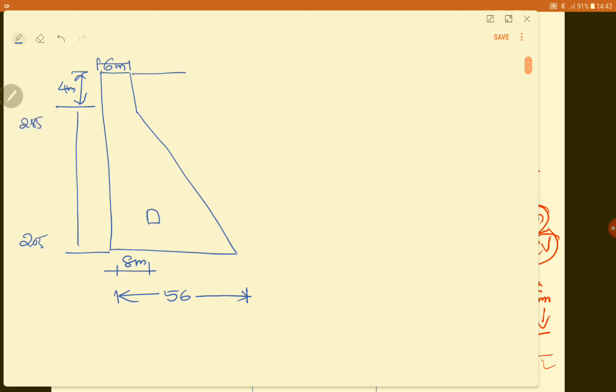So this height is equal to 80 meters, right? Now, what is the tailwater height? Tailwater height is, this is 205, this is 211. So tailwater height is 6 meters.